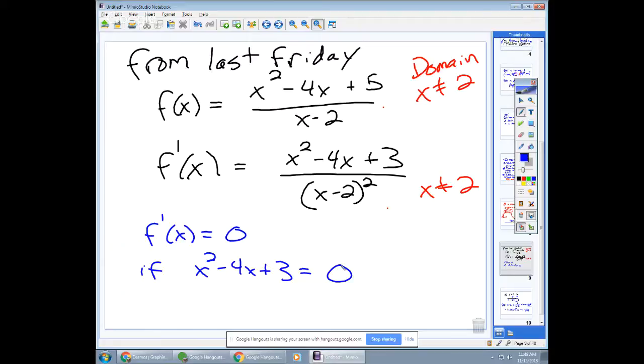And did that factor? I think it did. Factored as x minus 3 times x minus 1. Correct. So that means the critical numbers here are x equals 3 or 1. And so then we whip out our number line.